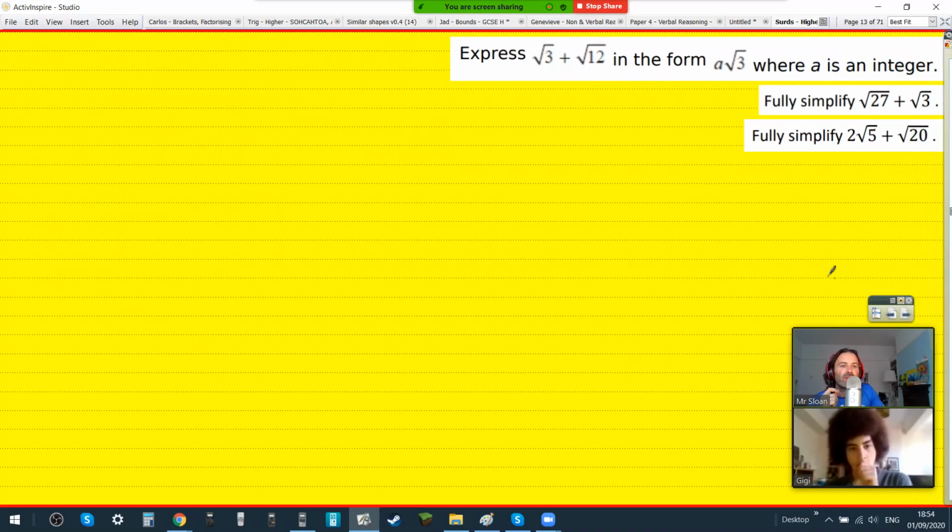I just want to really try. Okay, let's try the top one. Root 3 plus root 12 will form a root 3 where a is an integer. So root 3, root 12.